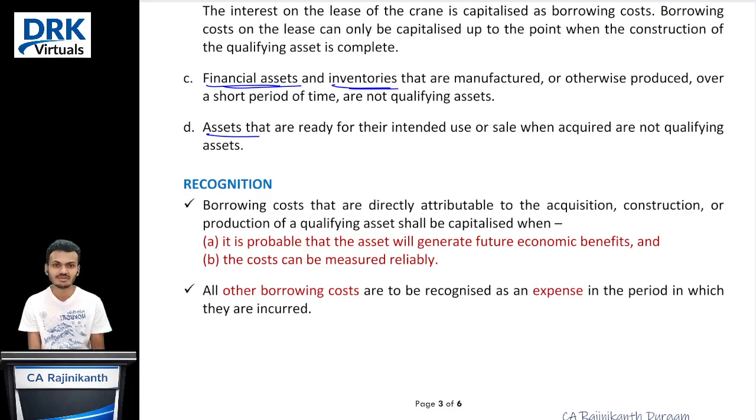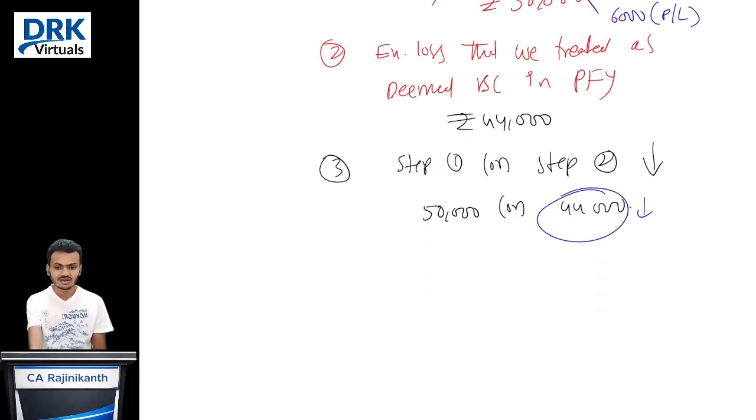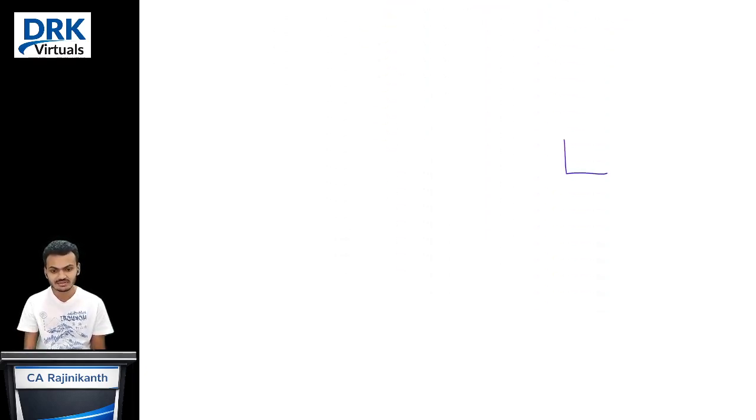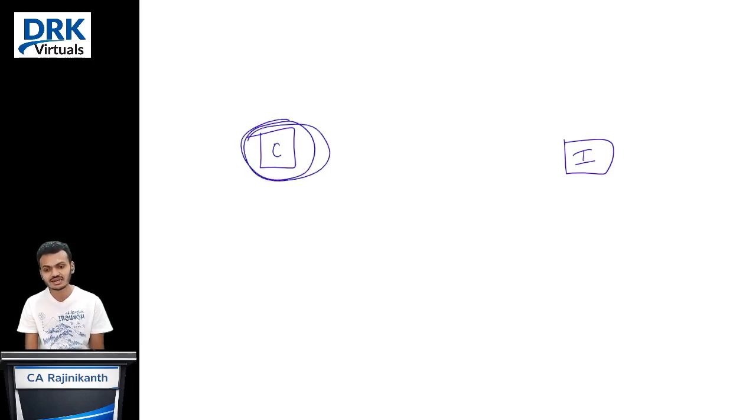Assets that are ready-made, that are ready for intended use at the date of acquisition, are also not qualifying assets. For suppose, I would tell you one case. This is our country. We are acquiring a ready-made asset from another country. Just because this asset is in ready-made condition doesn't mean it is in the intended condition for usage, correct?